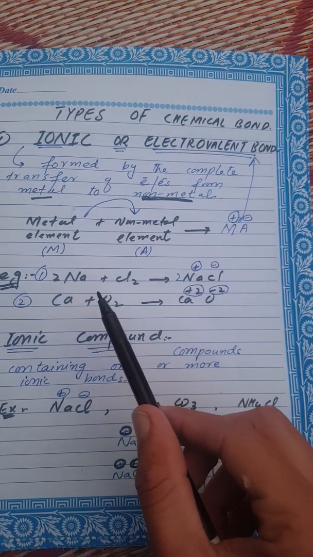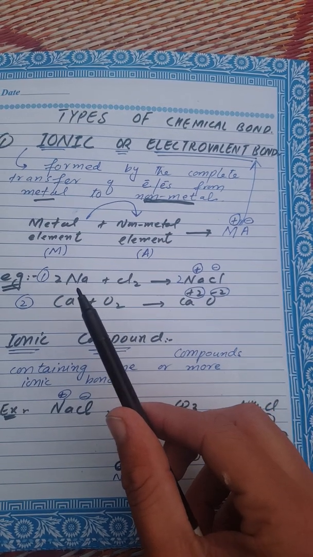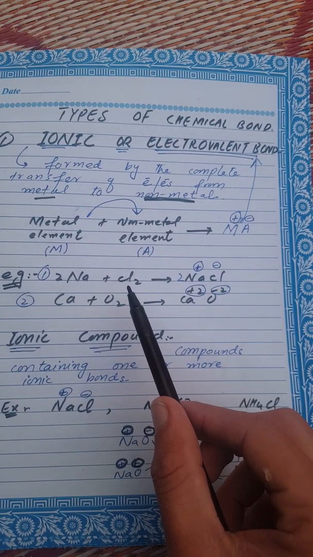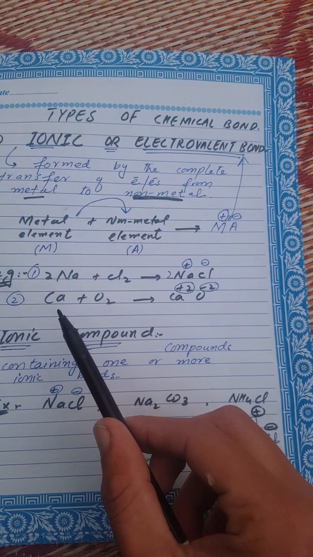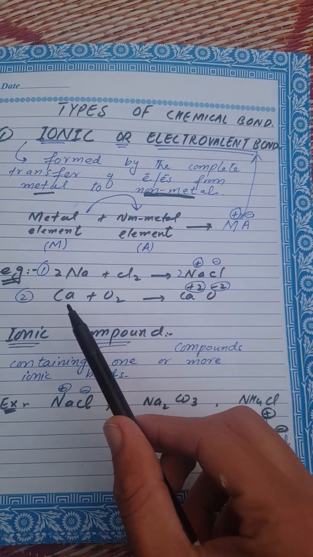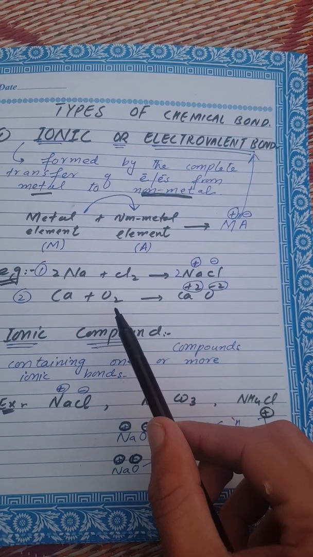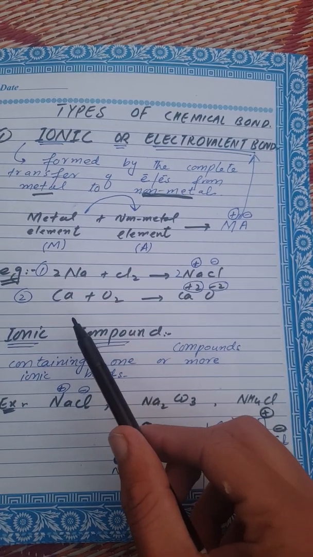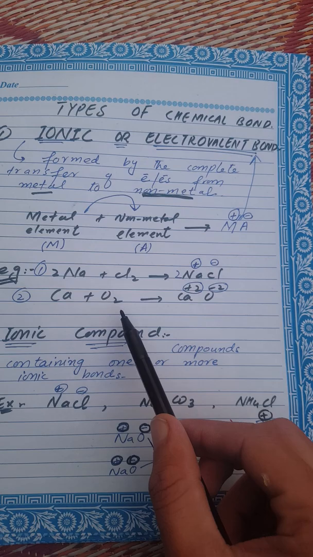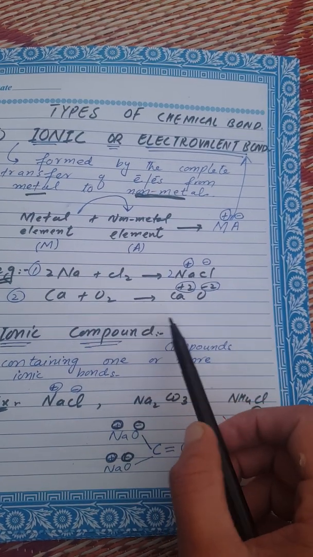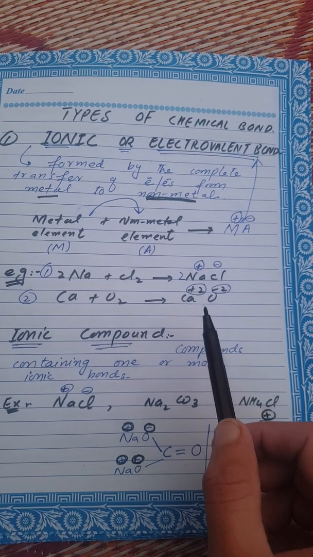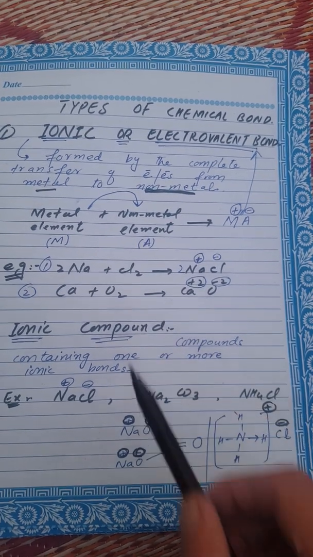So sodium loses one electron and chlorine gains one electron. And calcium has two valence electrons which it loses, and oxygen needs two electrons, so it takes two electrons from the calcium and its octet is completed. So calcium oxide is also an example of the ionic or electrovalent bond.